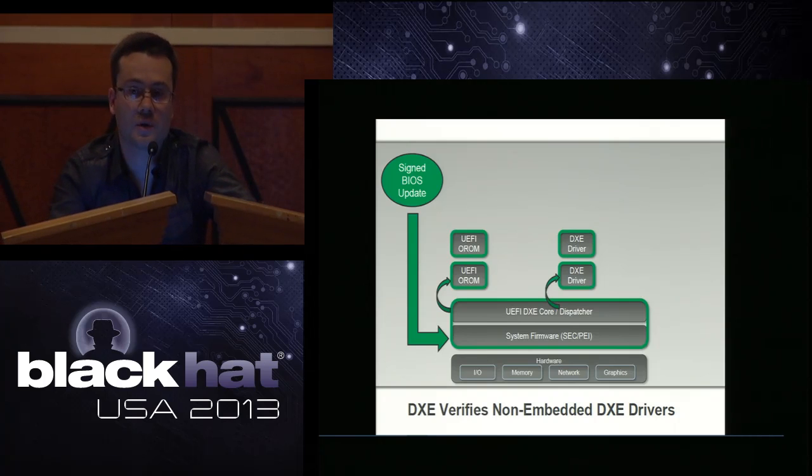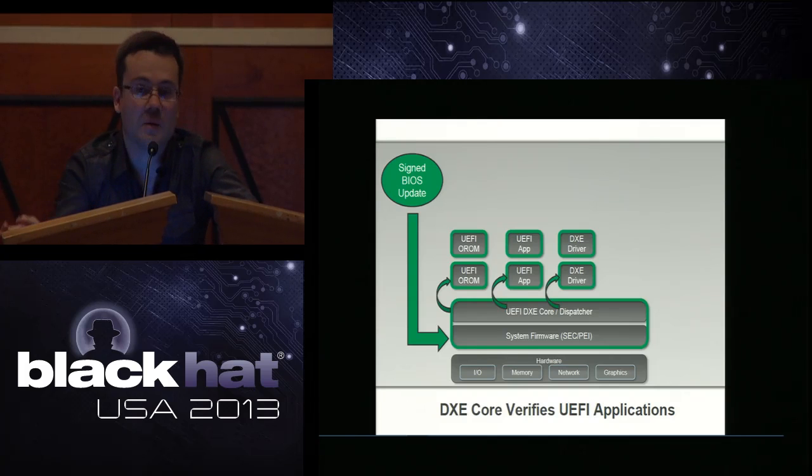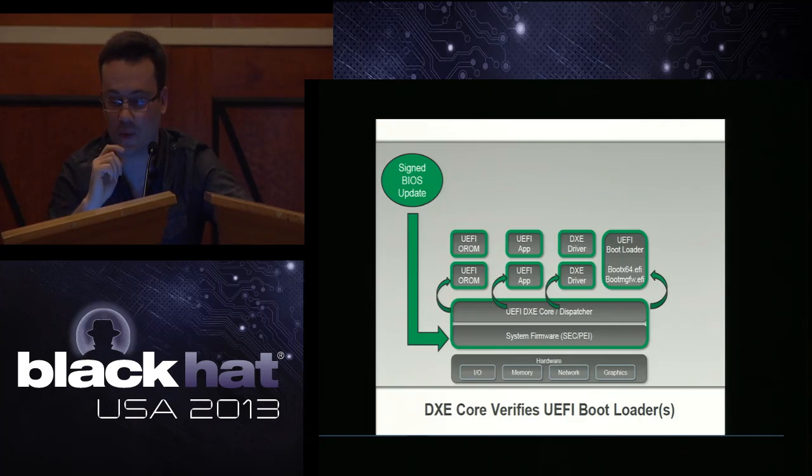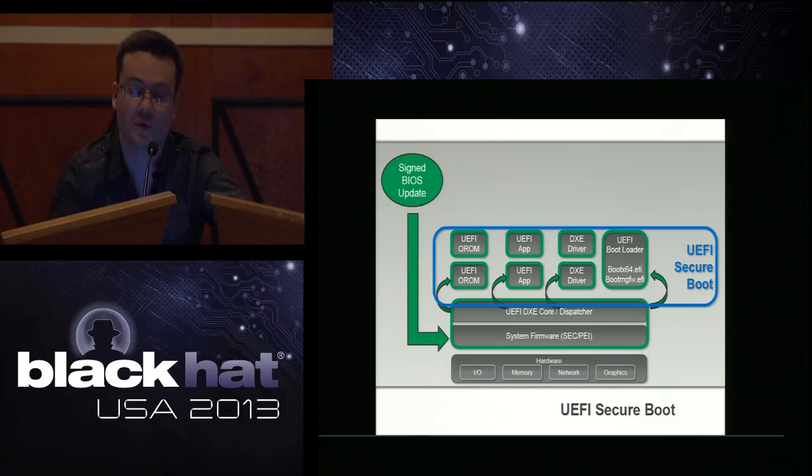The DXE drivers, which are loaded from non-embedded media like removable or fixed drives, the signatures and hashes are checked. Any application like the UEFI shell has its signature checked, and more importantly, the OS and bootloaders are also verified before they're loaded and executed. And this is what UEFI Secure Boot is, right?